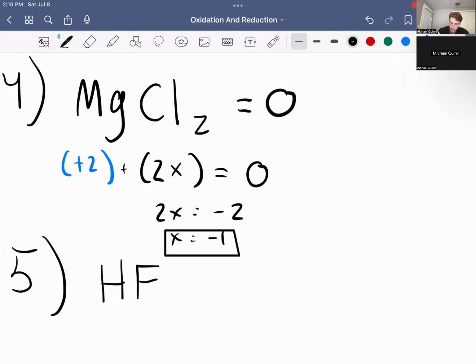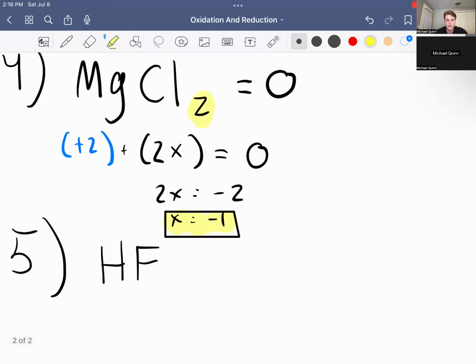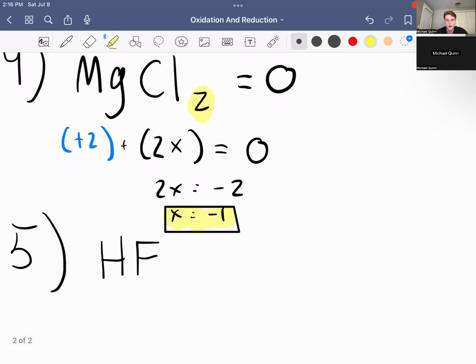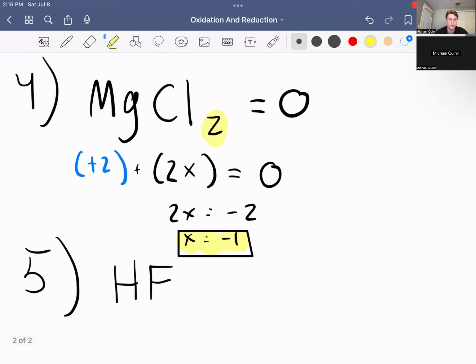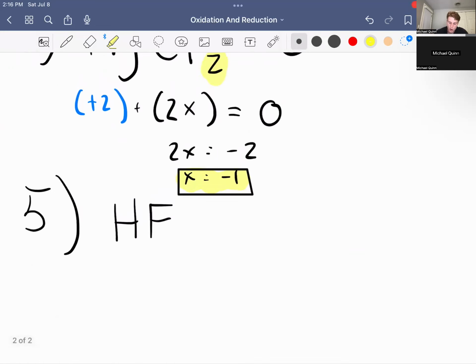So the oxidation state for each chlorine, remember there are 2 chlorines, is going to be -1. So magnesium will be +2, each chlorine will be -1. That will give us our overall sum of oxidation states equal to 0, which is equal to our overall total charge for magnesium chloride.